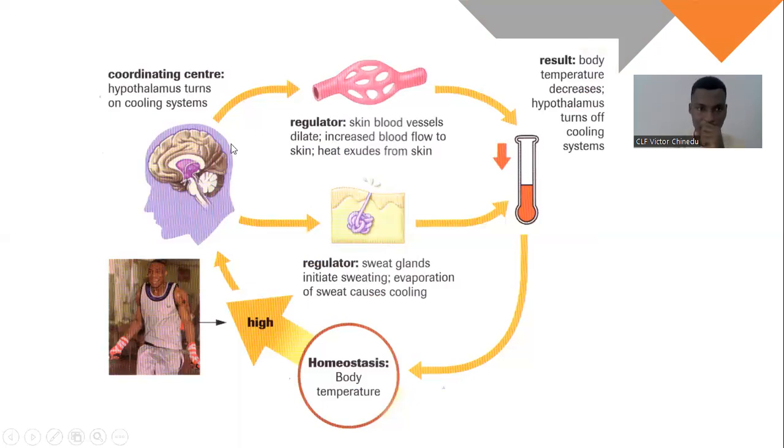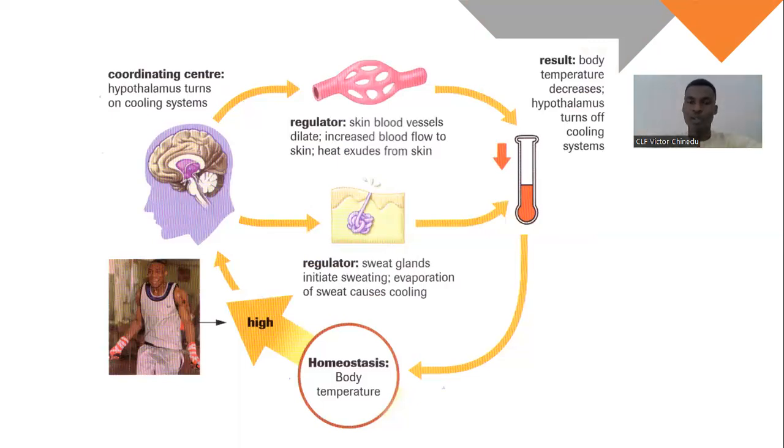Now look at the brain here. The coordinating center turns on cooling systems. How? It has gotten the information that your body temperature is high. I'm talking about your hypothalamus now. So what does it do? It sends instructions to your regulators. We have two regulators here in this diagram, and those are the skin blood vessels and the sweat glands.